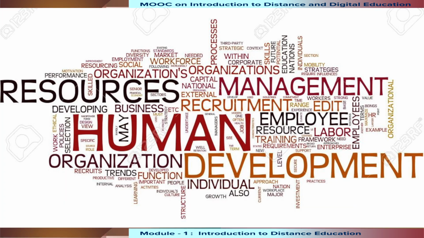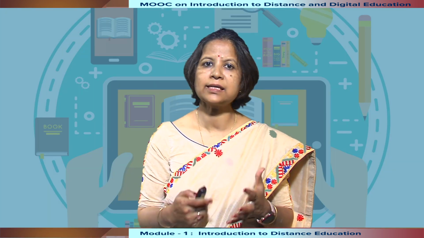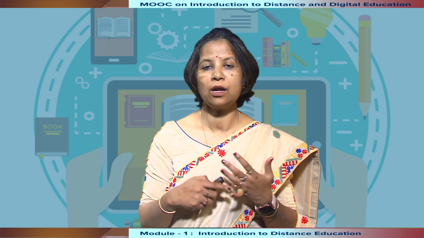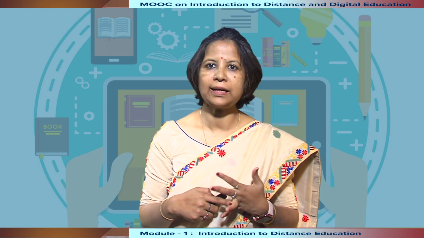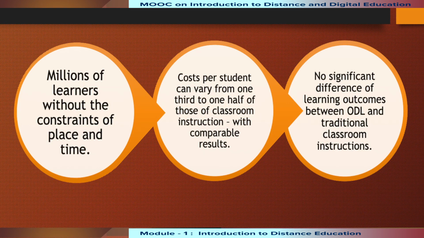In terms of human resource development, by providing the opportunity to access equity, quality, and effectiveness of the ODL system to all, it seems that ODL can accommodate large numbers of learners at low unit cost. Open schools and open universities reach millions of learners without the constraints of place and time.